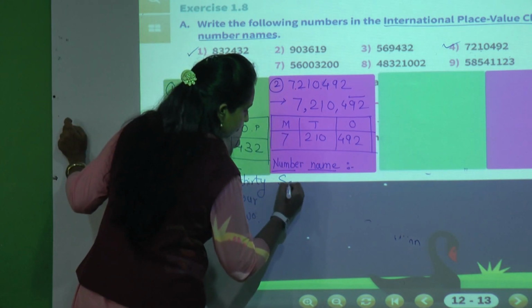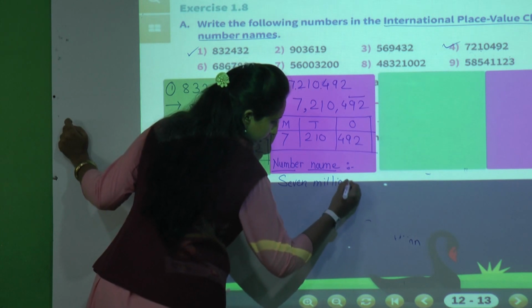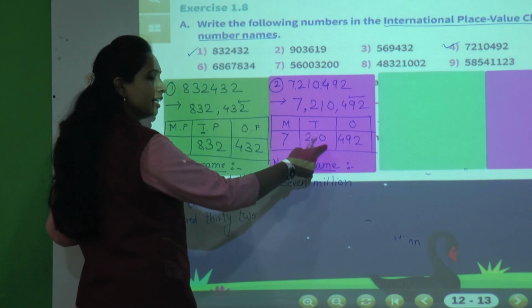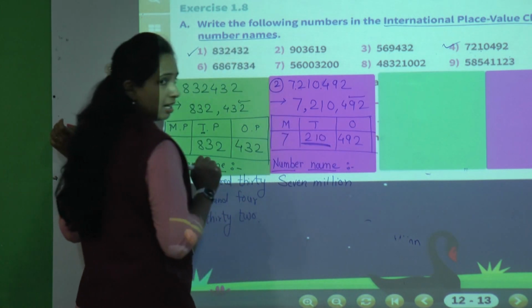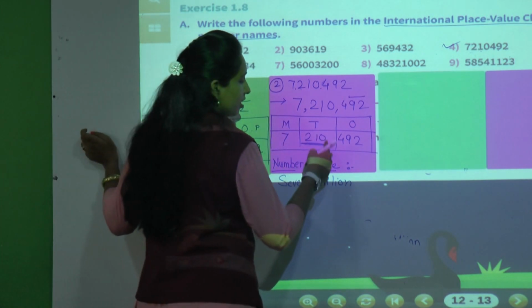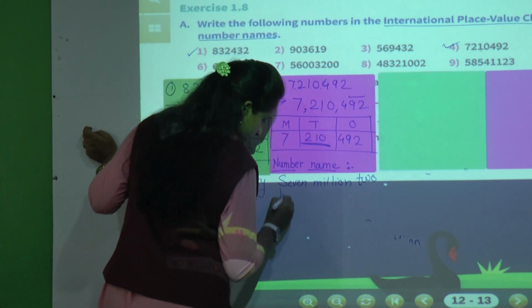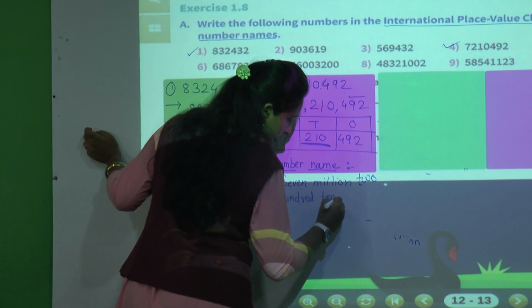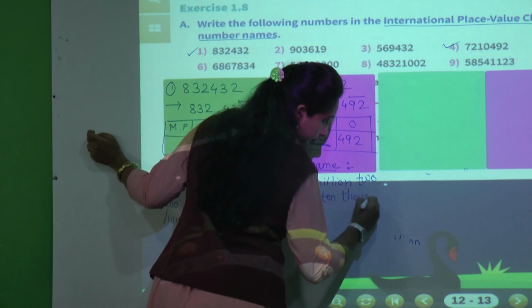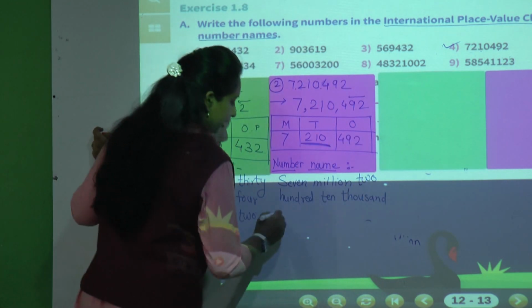So write here 7 million. 210,000 together we have to take, students. Keep it in your mind. 210,000. And the last is 492.